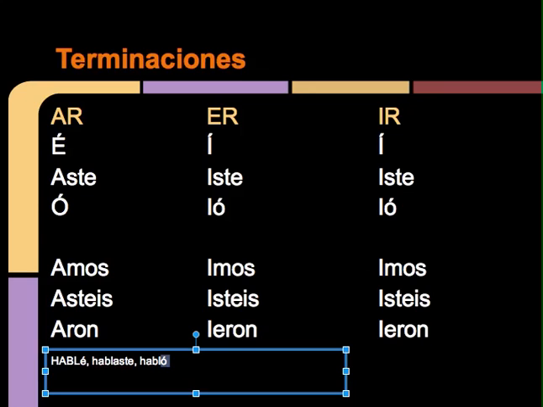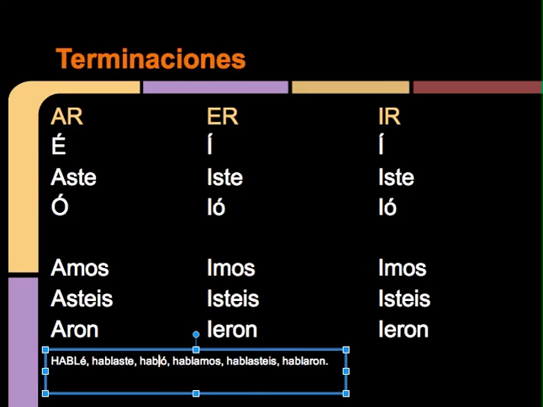Again, the accent over the o. Habló, not hablo. Then nosotros hablamos, vosotros hablasteis, which is very simple. How do you get this vosotros form? You take the tú form, hablaste, and you add is. Hablasteis, then hablaron.